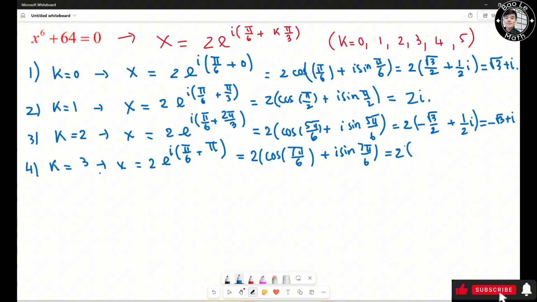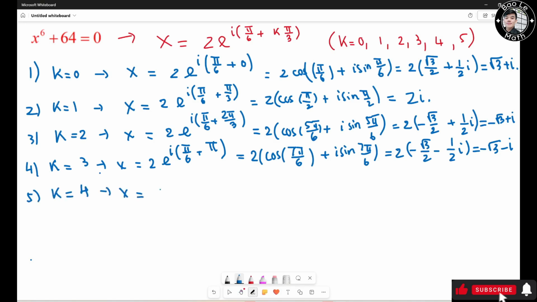Cosine 7 pi over 6 is negative root 3 over 2, and sine 7 pi over 6 is negative 1/2, so minus 1/2 i. Now you distribute 2, so it's going to be negative root 3 minus i, right?